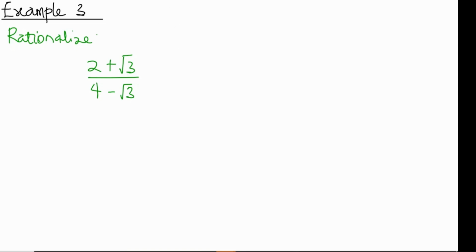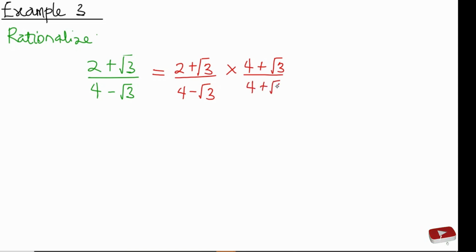So what we can do here is that we rationalize as we find the conjugate along. So that is 2 plus square root of 3 divided by 4 minus square root of 3 multiplied by 4 plus square root of 3 divided by 4 plus square root of 3.